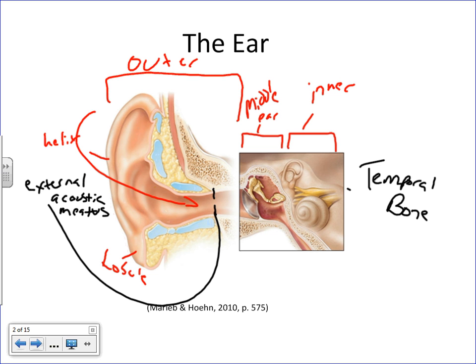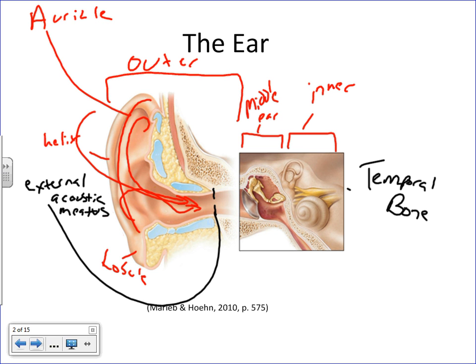And in general, this entire outer fleshy portion of the ear, we would call the auricle, the auricle of the ear. Now, when you see how this is designed, you can see that this outer fleshy part of the ear is essentially like a funnel designed to move air down and into the external acoustic meatus.